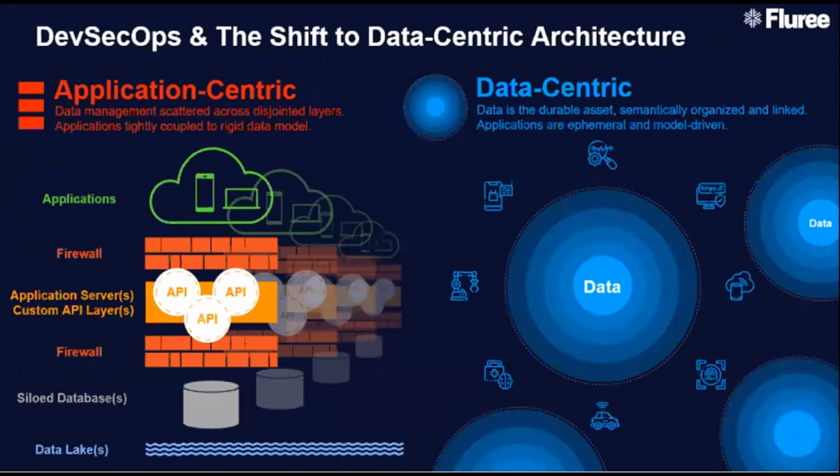The collaboration that's been brought on by the DevOps revolution has significantly improved the delivery of software products and enterprise applications. There's still a lot of work to do. We still see today's enterprises trying to build data-driven solutions on 40-year-old application-centric architectures.